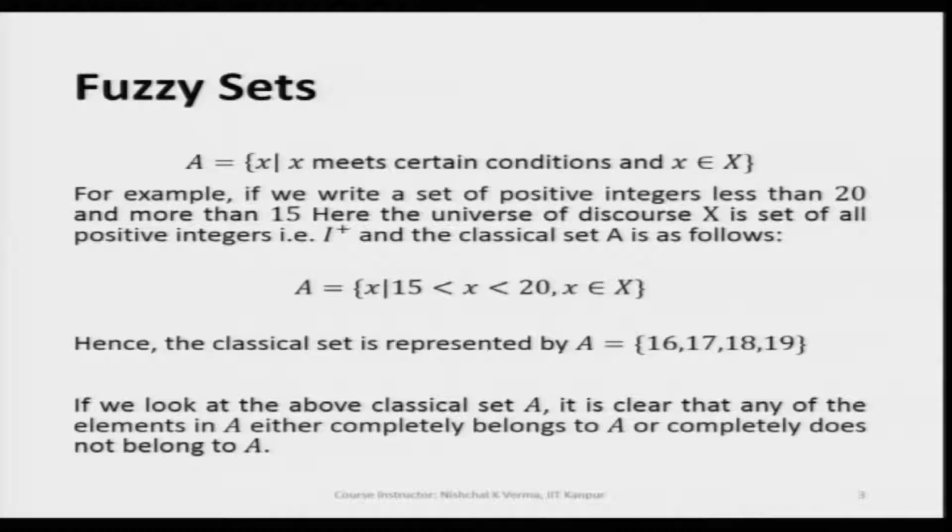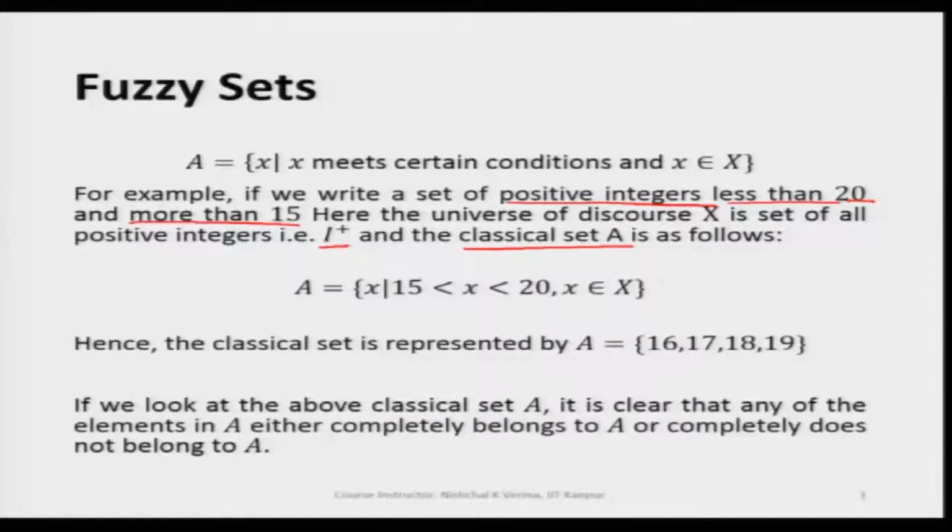If we take an example, a set of positive integers less than 20 and more than 15, the universe of discourse X is the set of all positive integers, I plus. The classical set A will contain all the elements that satisfy this criteria.